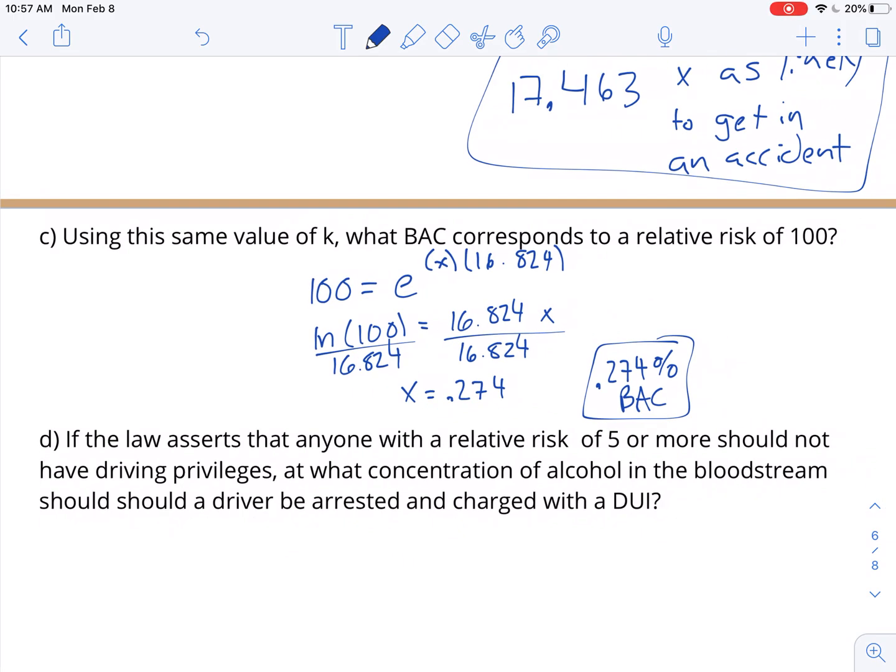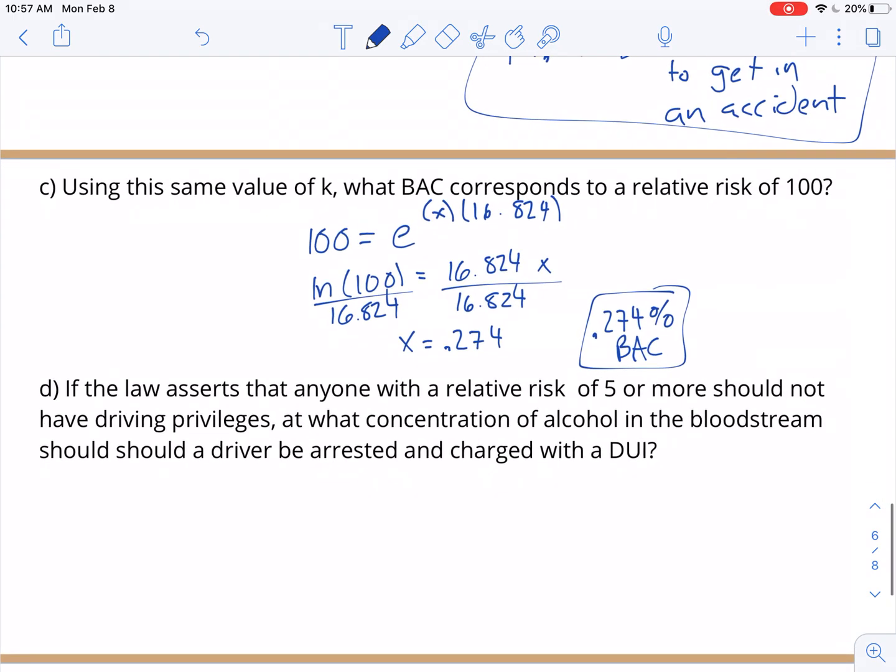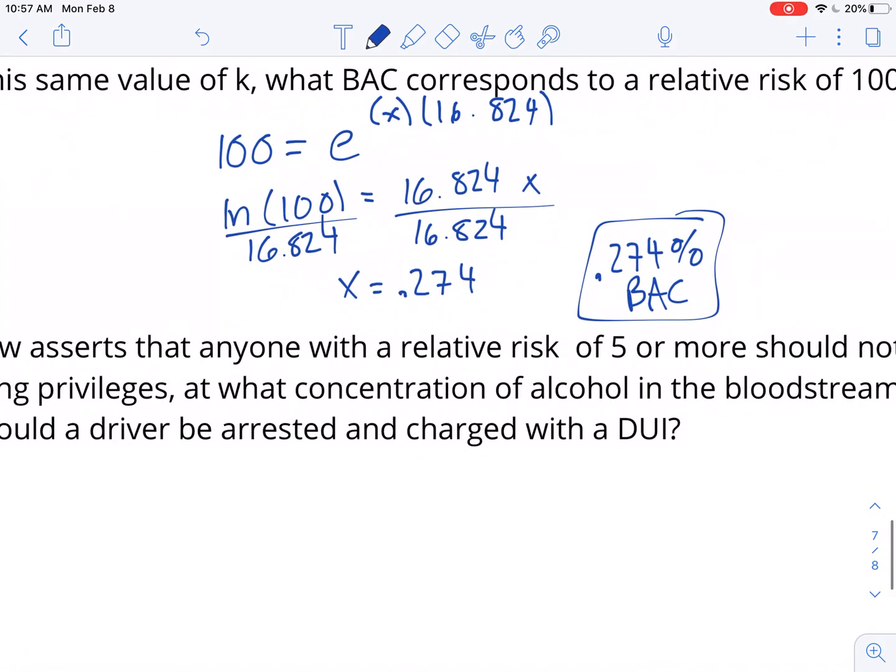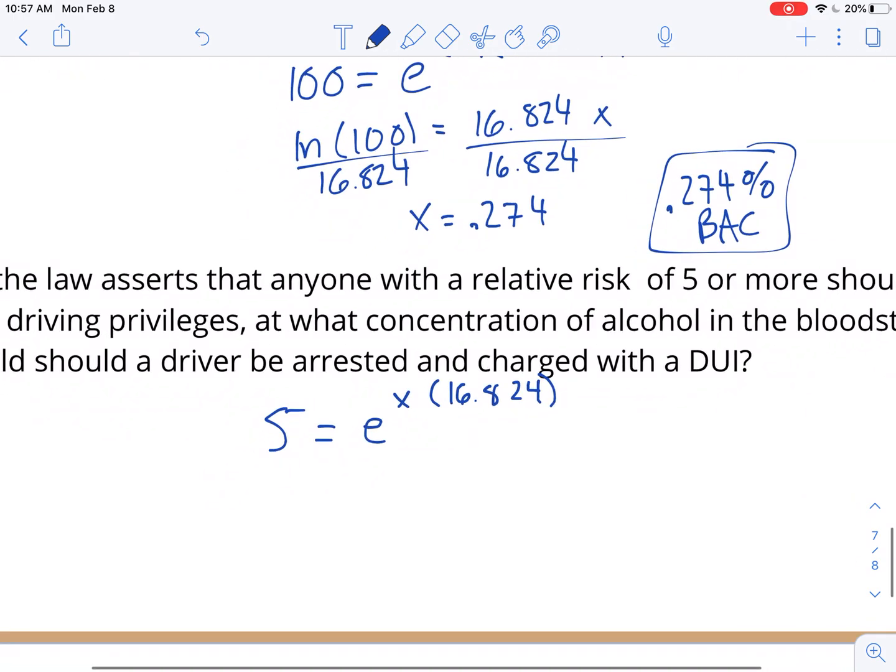All right, if the law asserts that anyone with a relative risk of 5 or more should not be having driving privileges, at what concentration of alcohol in the bloodstream should a driver be arrested and charged with a DUI? All right, so here, it's the exact same thing as we did up there. We're saying 5 is equal to e to the x times 16.824, and then it's the exact same method of solving as we did prior. So this is the natural logarithm of 5 is equal to 16.824x.